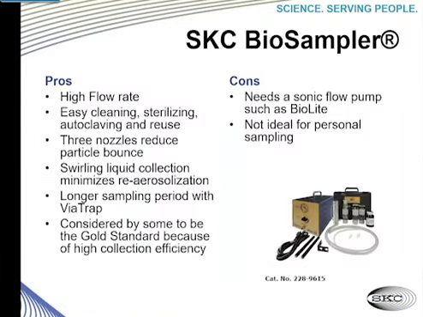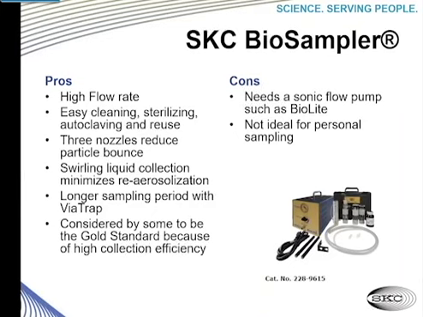We're going to discuss the pros and cons for the use of the biosampler. The pros include the glass construction, which makes it easier for cleaning, sterilizing and reuse. It's a high flow rate. Also, the 3 tangential nozzles eject particles at an angle to the inner wall, reducing particle bounce, and it preserves the microorganism integrity.